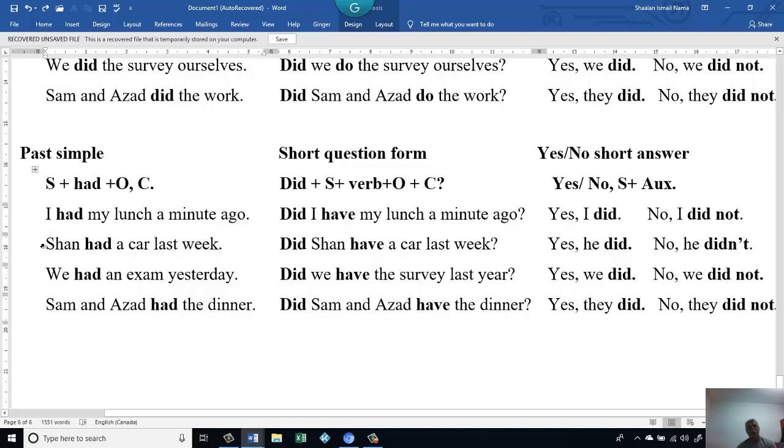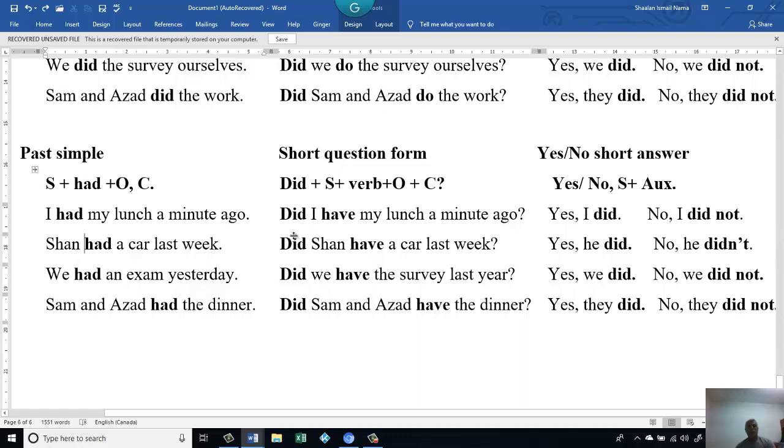If I make this one a short answer question, then I have to add an auxiliary verb. Here I only need to add did, because my sentence is in the past. The good thing about did is it goes with all subjects, singular or plural, it's the same thing.